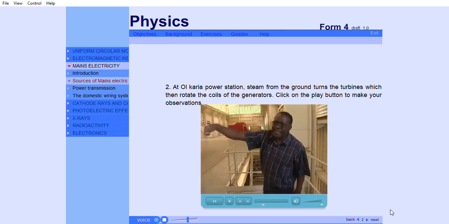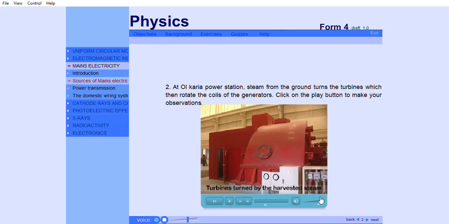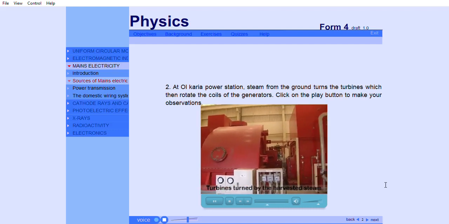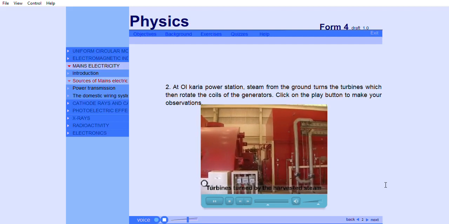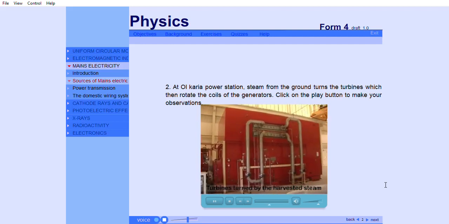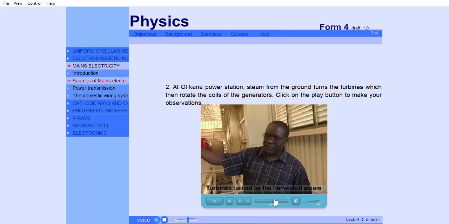Now the turbine is converting the energy in steam into mechanical energy, and from there it is converted into electrical energy in the generator. This turbine is running at 3,000 revolutions per minute.